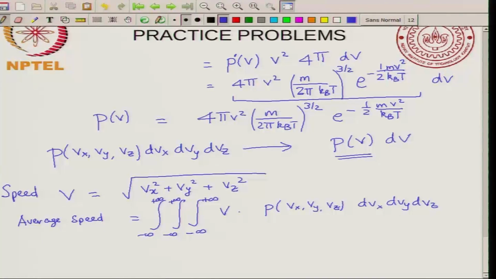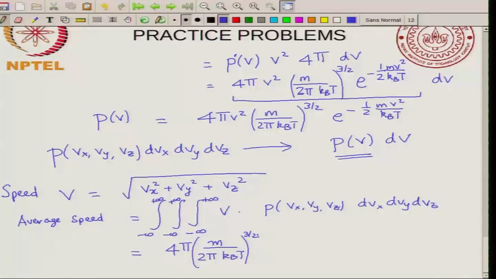If you want to calculate the average speed, then again you do the transformation to spherical polar coordinates, and you can use P of V. What you will get is, I can write this as 4 pi times m by 2 pi k B T raised to 3 by 2.